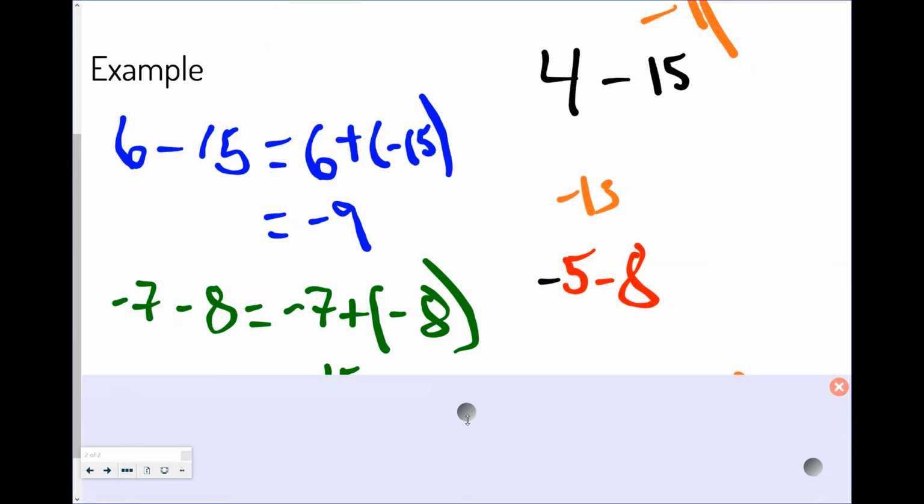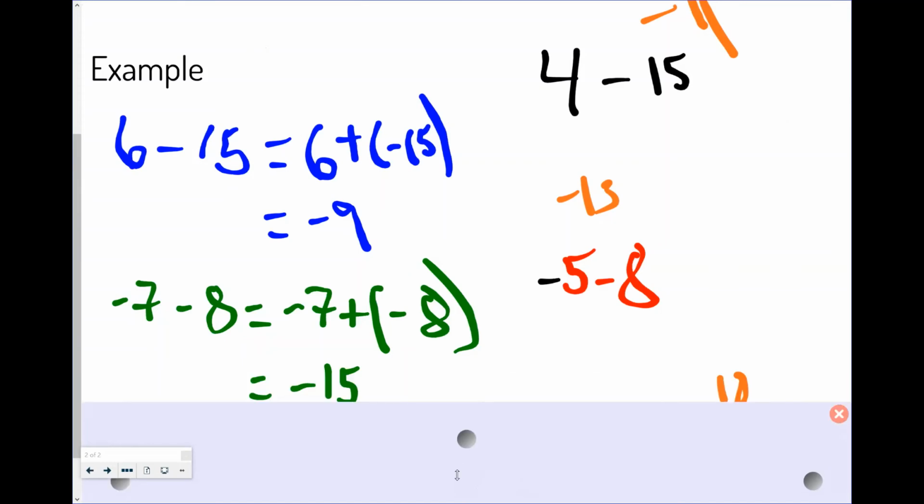You can write it out. 6 plus -15 is what? 9. Okay. -7 minus 8. I rewrote it like I did in the previous. -7 plus -8 is -15.